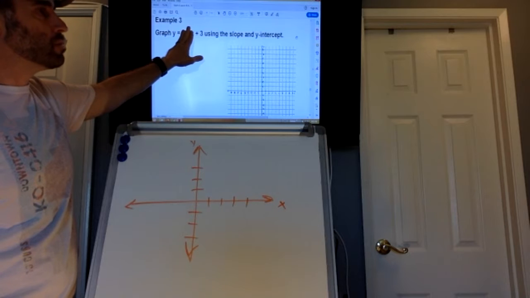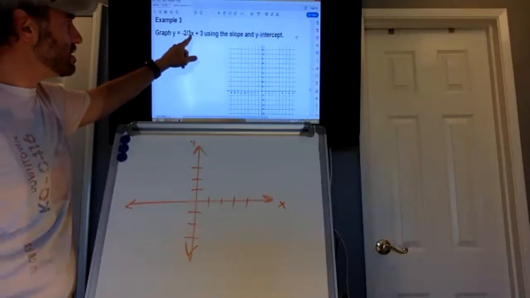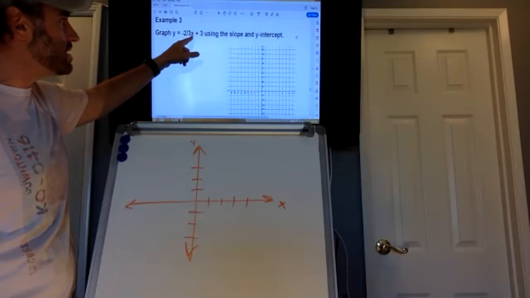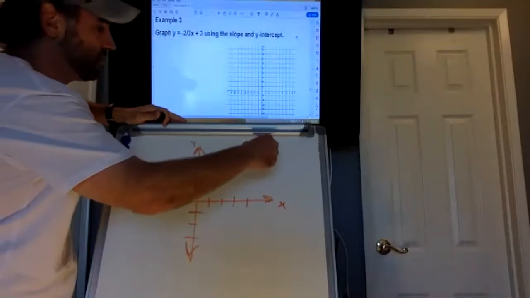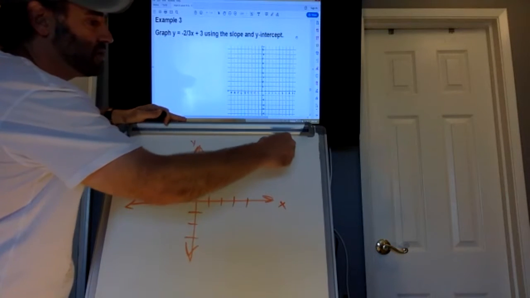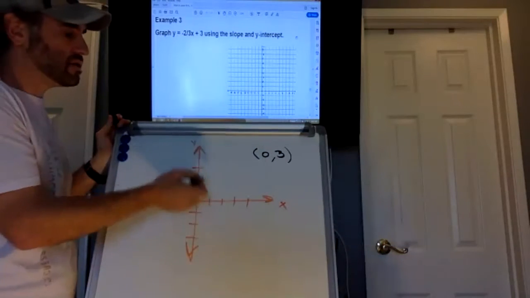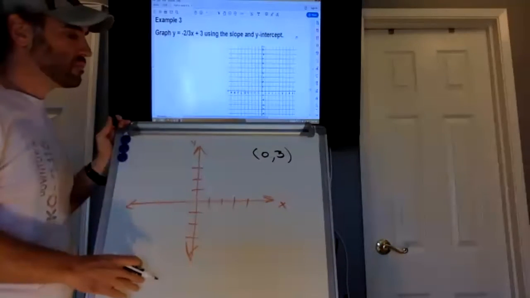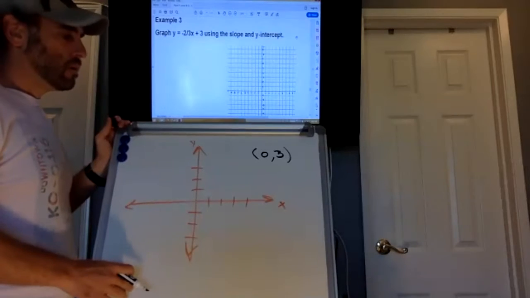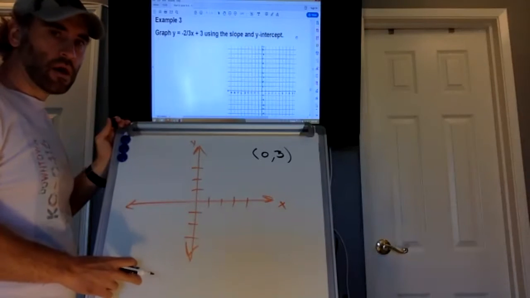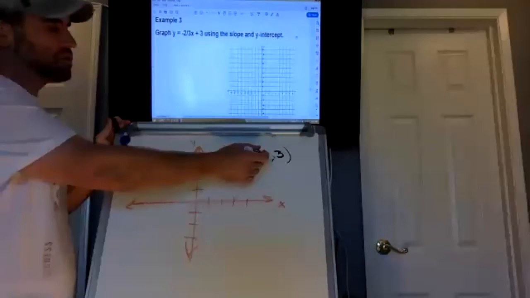Okay? So then y would be 3. If x is 0, y is 3, the coordinate is (0, 3). Where is that? Is it on the x-axis or is it on the y-axis? It's on the y. Yeah, so that's the y-intercept.